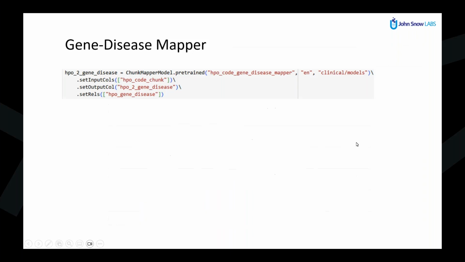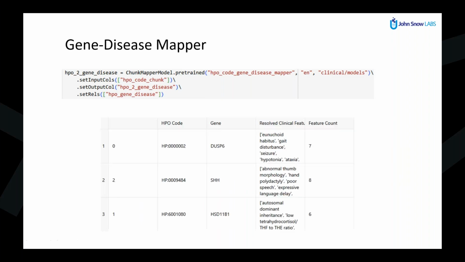And then this one is quite important. As I said, you can run this as a separate solution, or we already have it in the pipeline. Once you have the phenotype and the HPO code, the pipeline is going to give you the option to get the related gene like this one, and then the resulting clinical feature or the disease here.